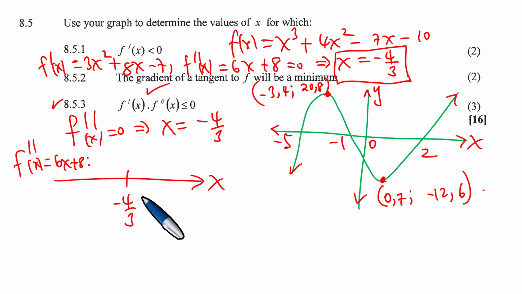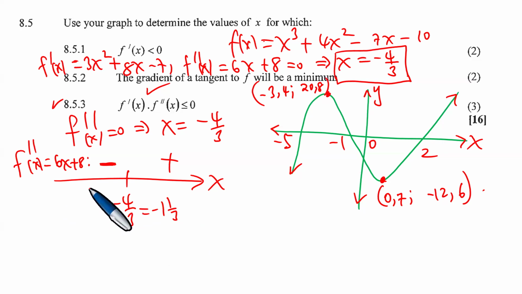Let's take a number bigger than minus 4/3, like 0. 6 by 0 plus 8 is a plus. Take a number to the left of minus 4/3, which is like minus 1 and 1/3. Maybe minus 2 is okay. 6 times minus 2, because it is to the left of this, is minus 12 plus 8, which is exactly minus 4.